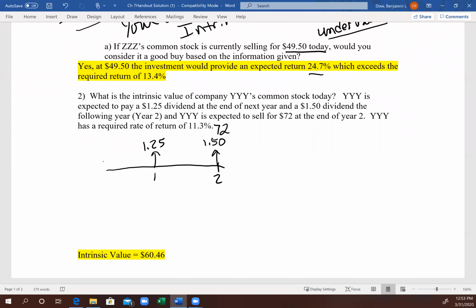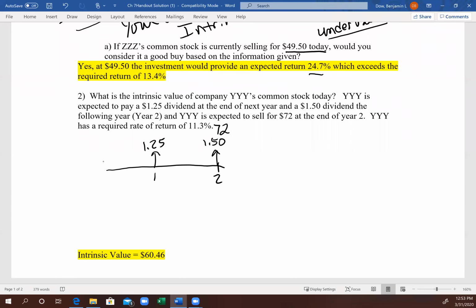We want to earn 11.3%, so we're going to have to find the present value of these future cash flows. Since the $1.25 is only 1 year away, we're going to divide it by 1.113 to the first. The $72 plus the $1.50 is 2 years away. So we're going to divide it by 1.113 squared, and we're going to add those numbers up, and hopefully they give us 60.46.